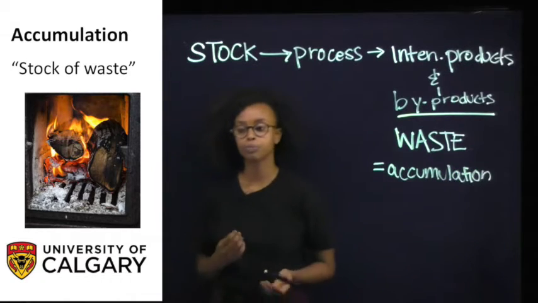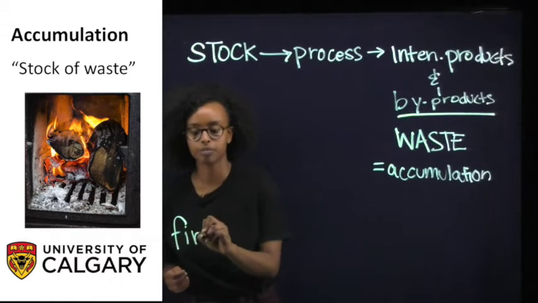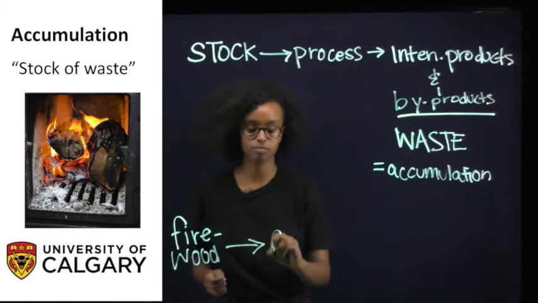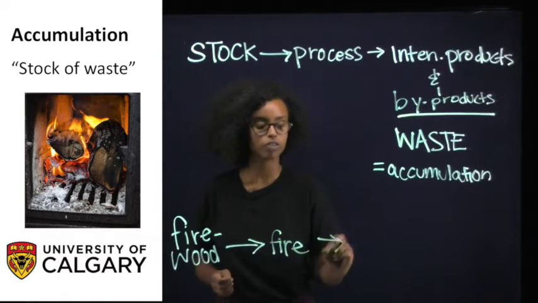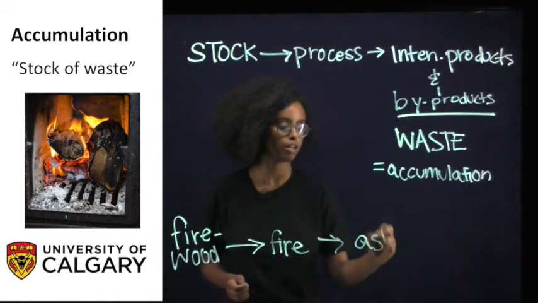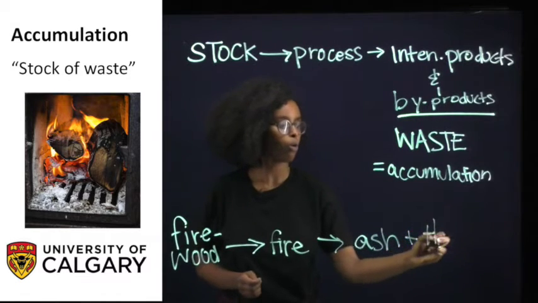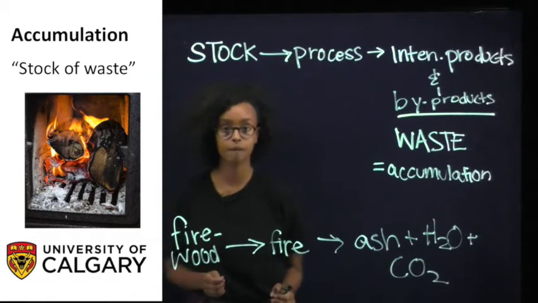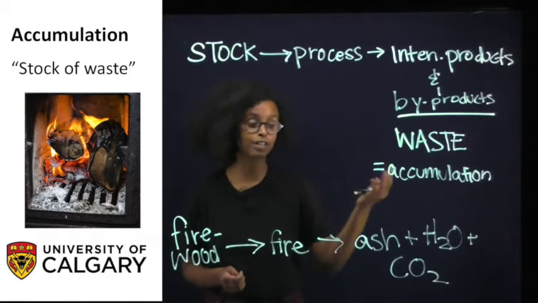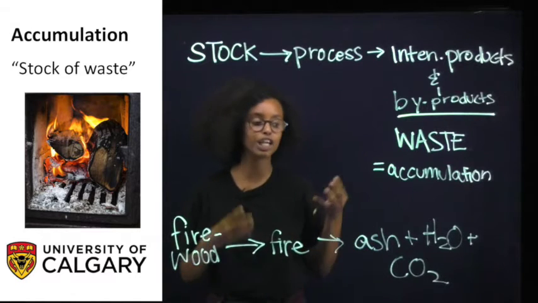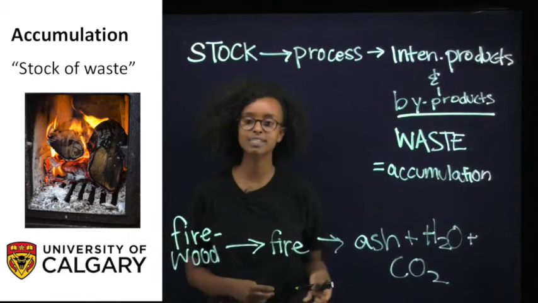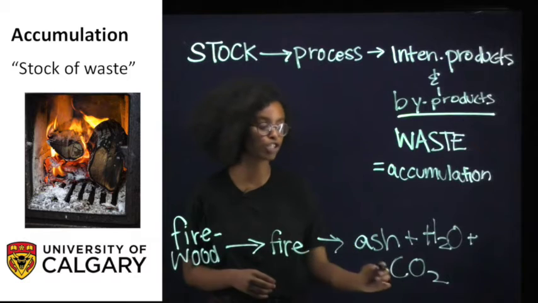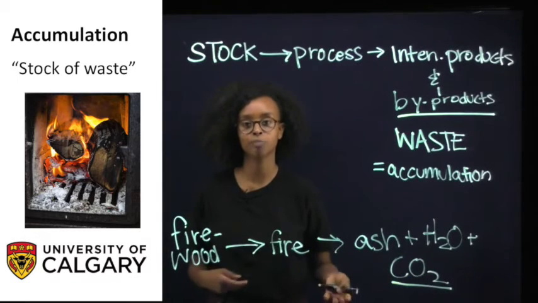So for example, if you had a stock of firewood because you wanted to create some fire, there's going to be some waste products like ash, water, and carbon dioxide. If nothing is done with these, that's waste, and therefore we call it an accumulation of waste. This waste, when it accumulates, could cause problems, like immense accumulation of CO2 does drive climate change.